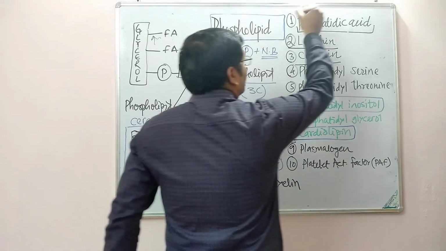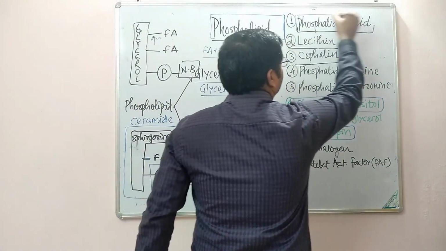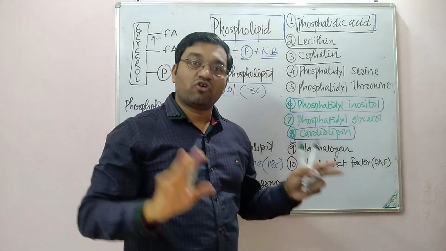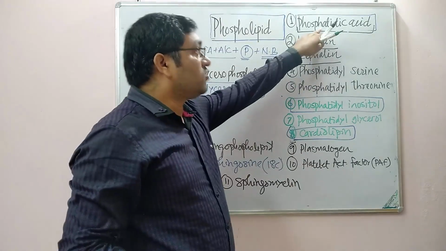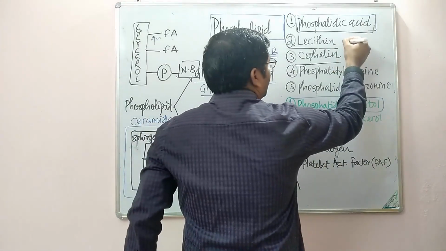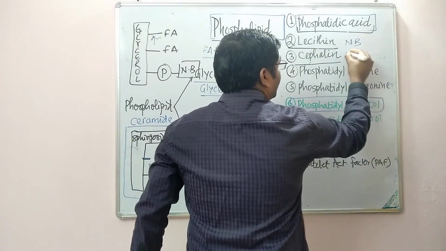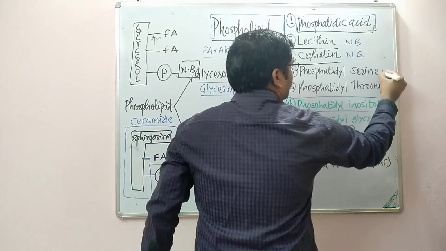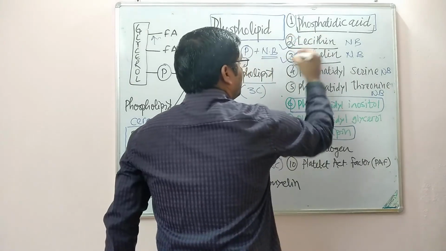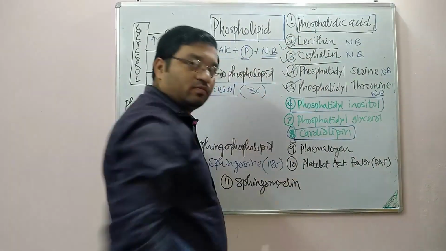Phosphatidic acid is the simplest form. It is a precursor for all phospholipids. Then lecithin, cephalin, phosphatidylserine and phosphatidylthreonine are the nitrogen base containing phospholipids.